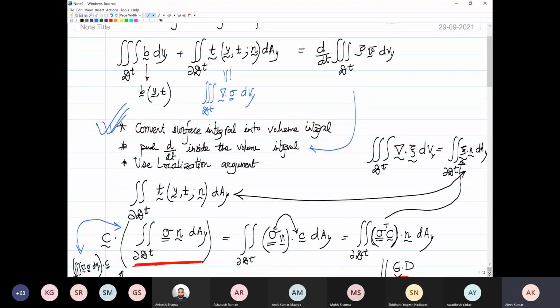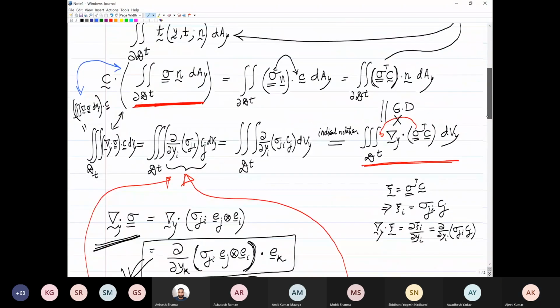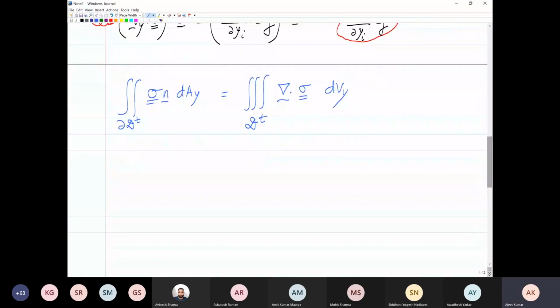What is now required is the second point here. We have to push d by dt inside. Okay, so let's try to do that now. Now that is really tricky, and I'll show you in several ways.